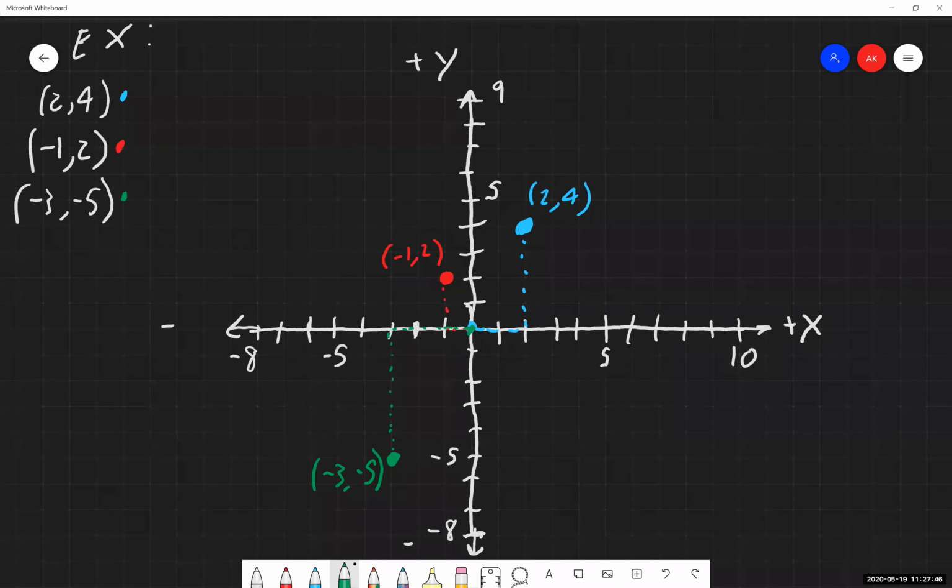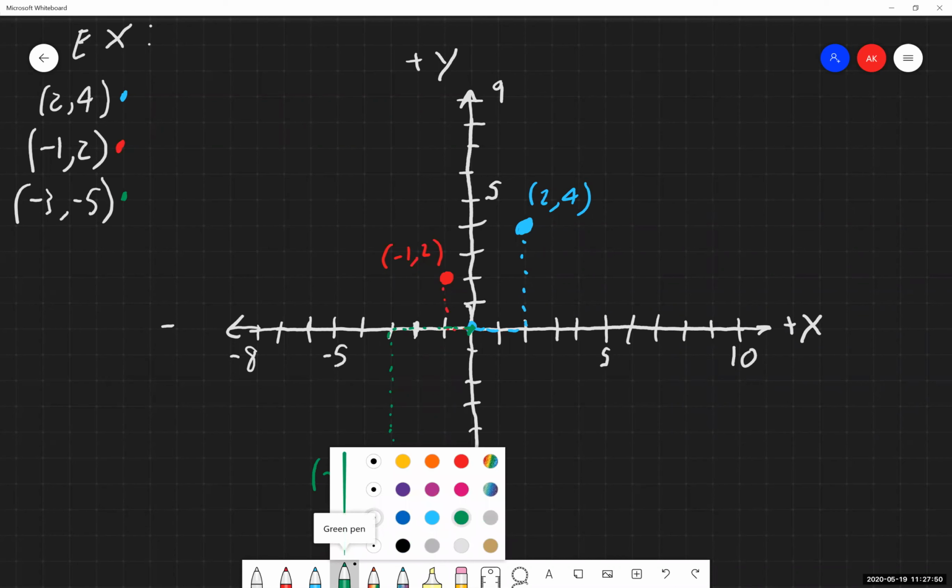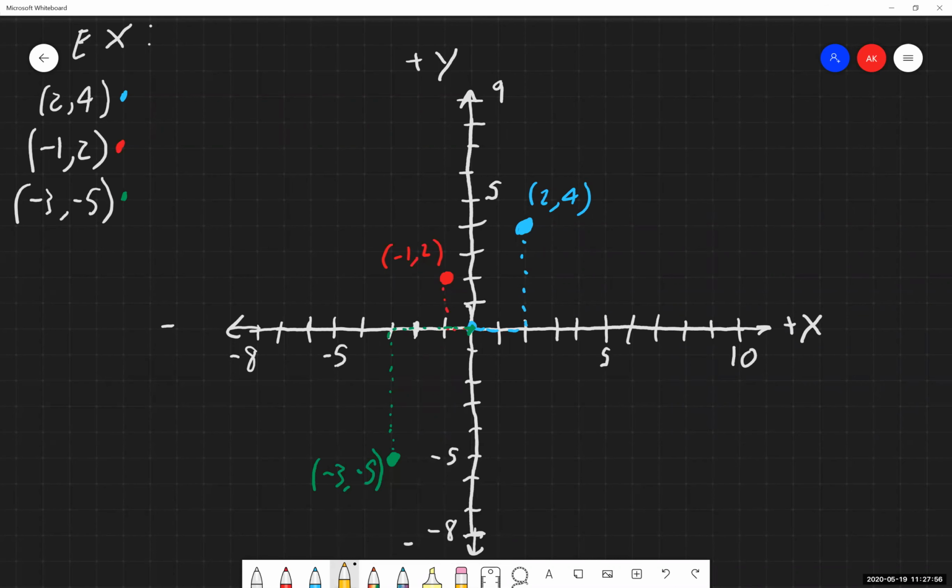So we'll take a look at, how many other colors do I have that I can work with? Oh, we have a couple others. We'll use yellow for another one here. So our last point that we're working with is 5, 0. So I'm starting from the origin yet again.